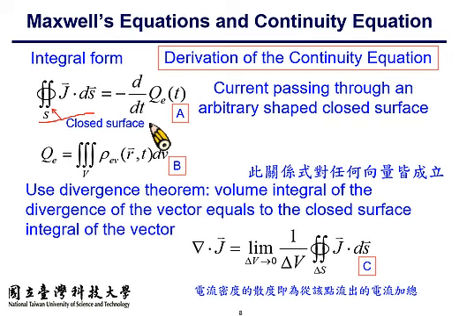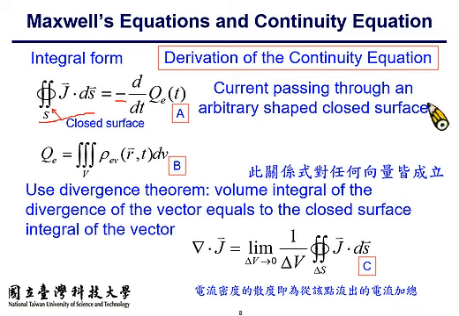That shall be equal to the negative of the time derivative of total charge within that volume. Because you have current flowing out, it means the charge within this closed surface is decreasing. So that's the reason why you have a negative number.